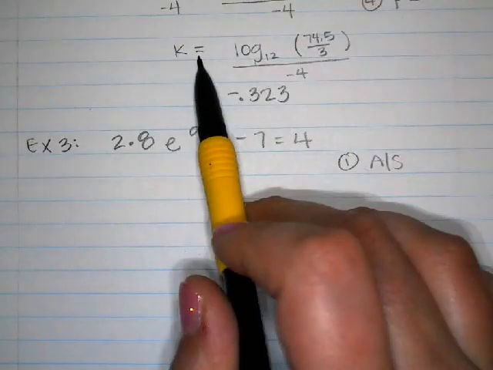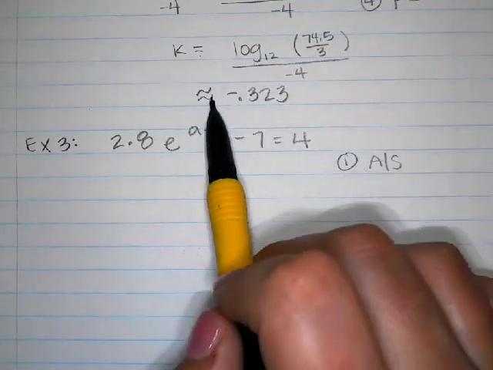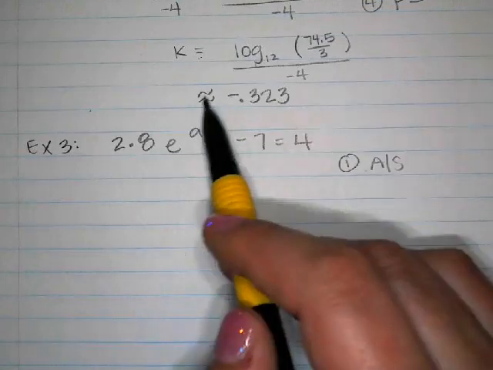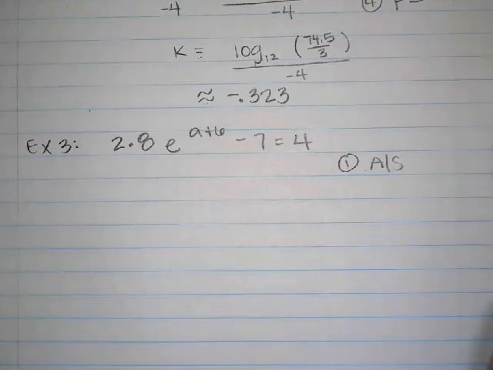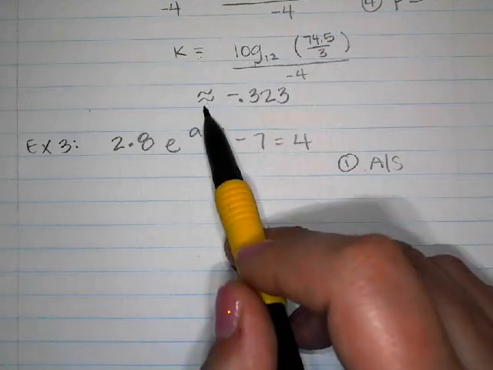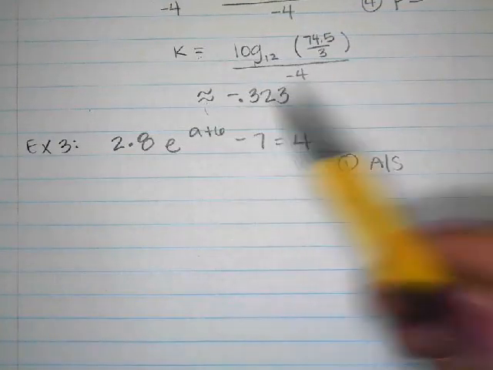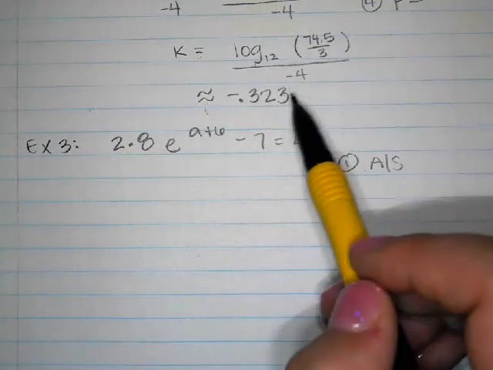Wiggly means I rounded. As soon as I cut off numbers, I got to say approximate, because I didn't write the whole answer down. It was way more than 3 decimals, it was a bunch more. So as soon as I cut off some, I got to say this is approximate.